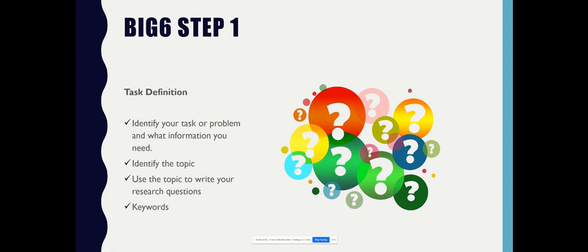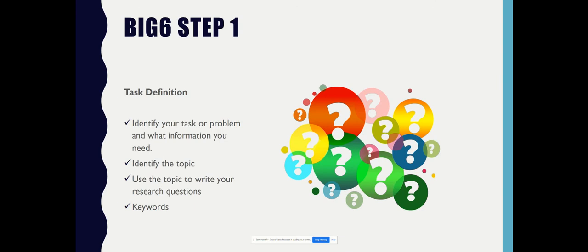So to review, the first step of the Big Six process is the task definition. In this step, you will identify your task, topic, or problem. Once you have your topic, you will write questions that you can research. These questions should begin with why or how.